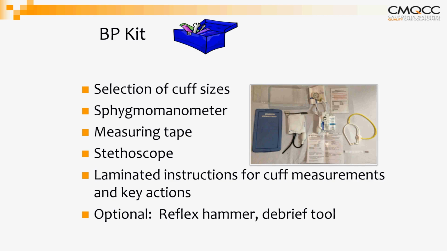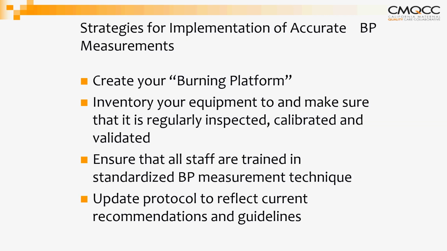And also laminated instructions for blood pressure cuff measurements. And also a reflex hammer, of course, if it's elevated and you need to check reflexes, then it's already there. And if this can't be put into all patients' rooms, it might be something that can be available and accessible, but certainly something to consider to help with ensuring that blood pressure is taken accurately. Next slide, please.